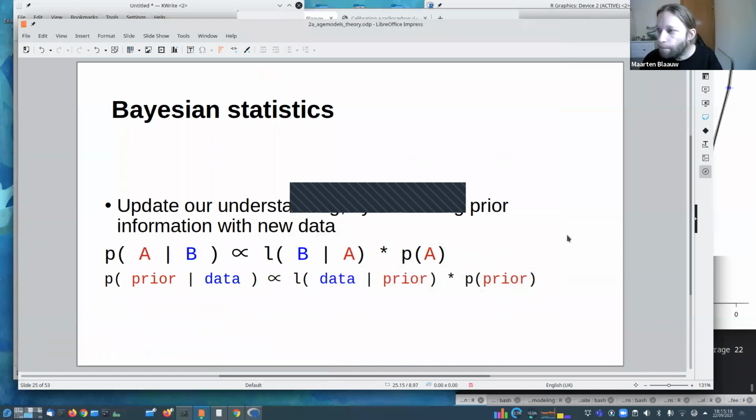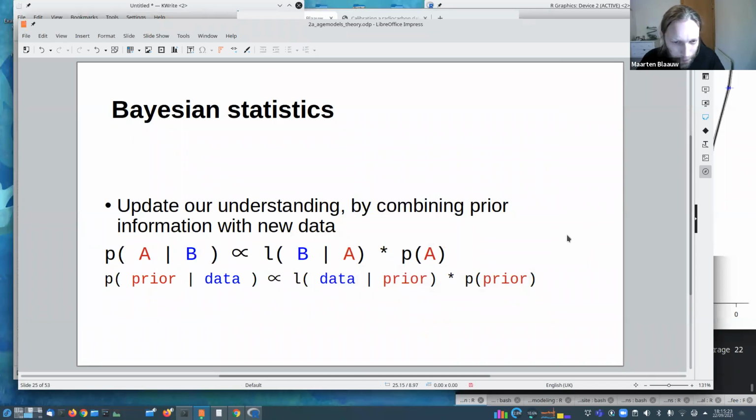Yeah? Hope so. Okay, so Bayesian statistics, let's look a little bit more at that, and then we'll leave that aside and go to actually the models. What Bayes proposed is that your posterior knowledge, given your data and your prior, the knowledge you have, is how we update: the posterior is proportional to the likelihood of the data given the prior times the probability of the prior.